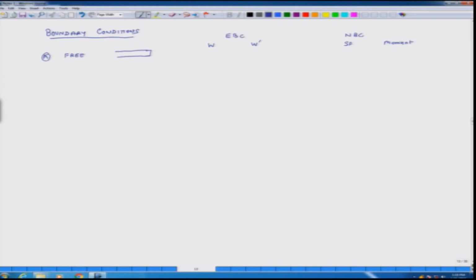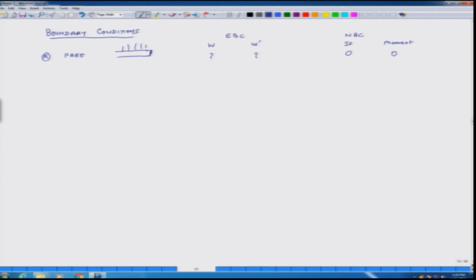So, in case of a free end, we do not know W. Suppose I am having some load here, we do not know the value of W, we do not know the slope also, but what we do know is that at this end shear force is 0 and also the moment is 0.